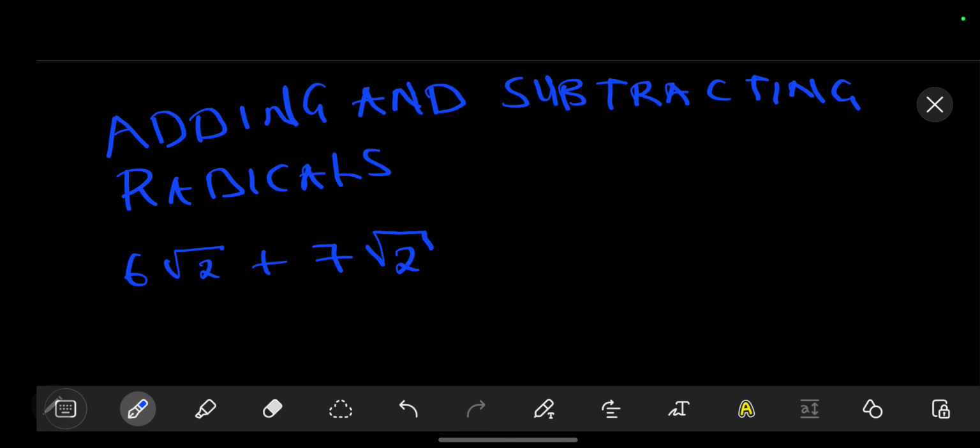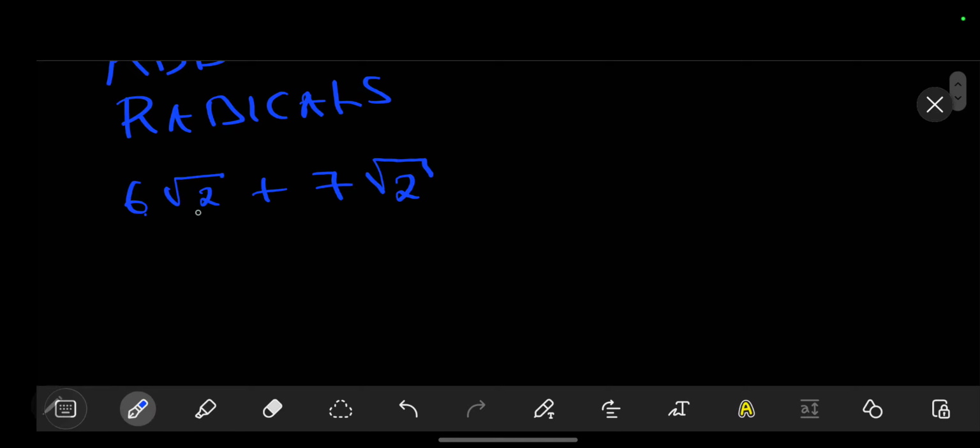As long as you have the same root, you just get whatever coefficients are outside and add them algebraically, either add or subtract. So this is the same as having 6 plus 7, which will give us 13. So we are going to have 13 square root of 2.